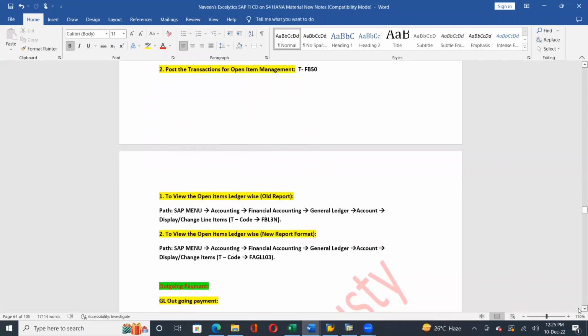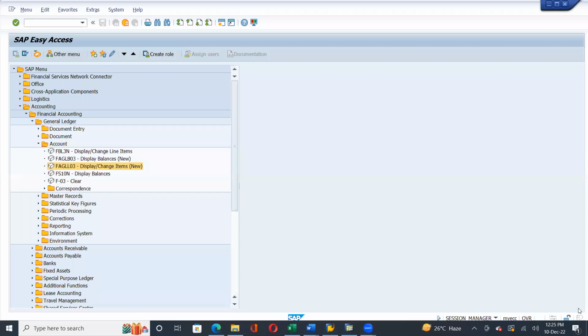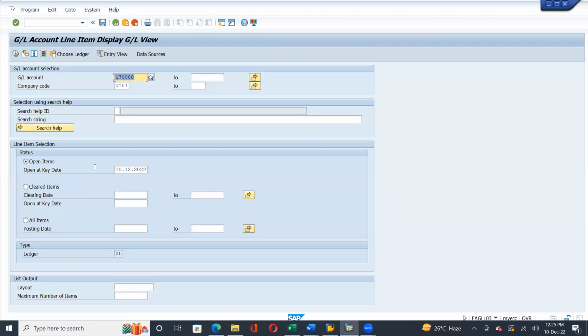Okay. So here, this is the one, FAGLL03. So ledger wise, we can view it. Display change. Okay, so the same thing, 1,70,000.